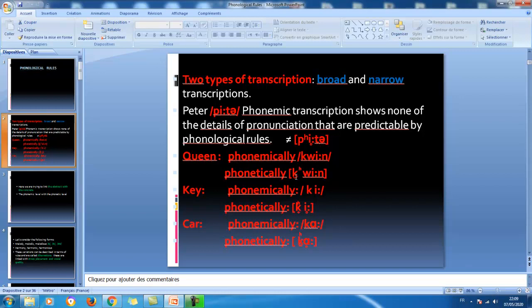So this k, of course, is aspirated because it's a voiceless stop at the beginning of the word, and there's a small u below it, which shows that it is labialized. There is what you call labialization here, because normally it is found just before this labio-velar sound.